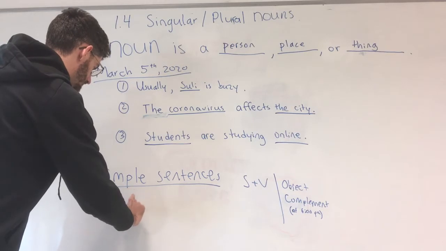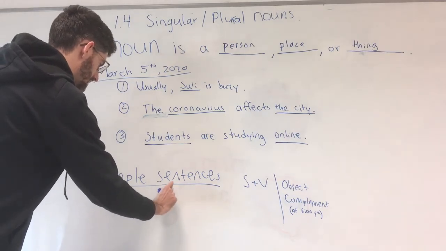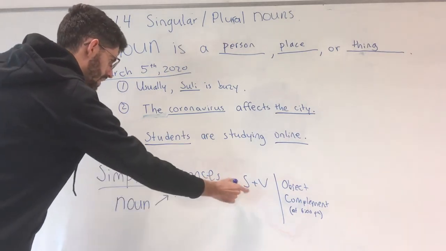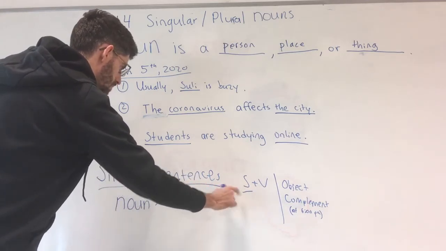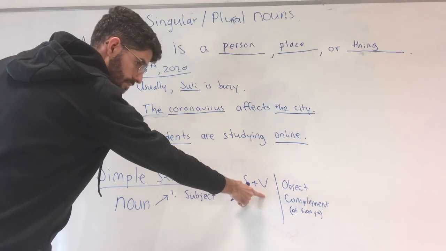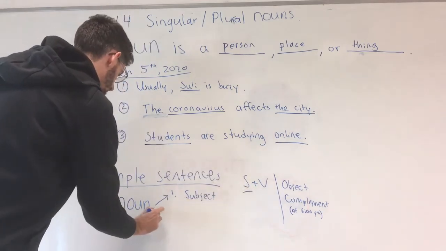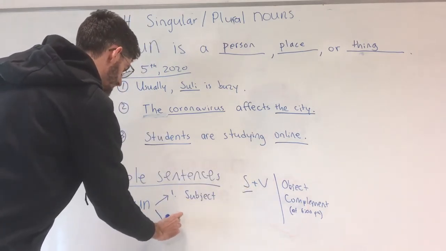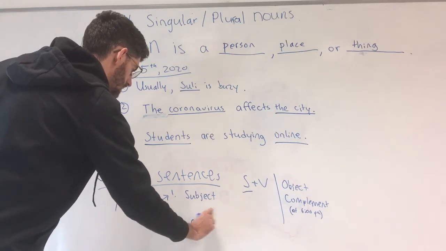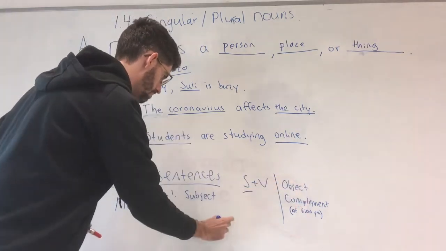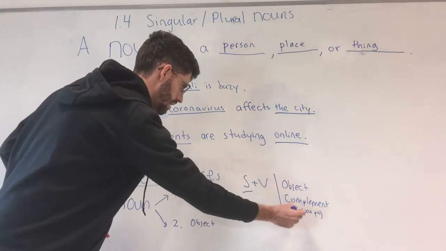So a noun can be a subject before the verb, or a noun can be an object after the verb, okay?